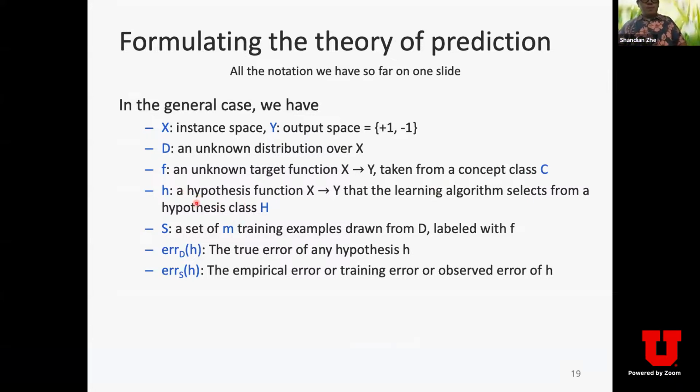Meanwhile, we introduce a hypothesis space or hypothesis class, big H. This can be viewed as the range our learning algorithm wants to search over.